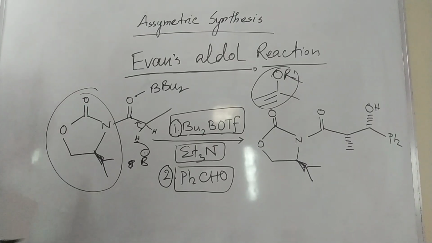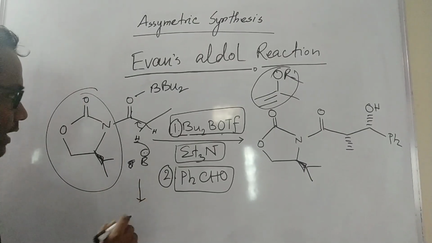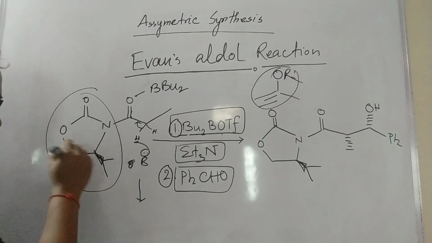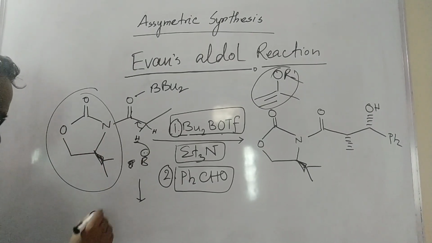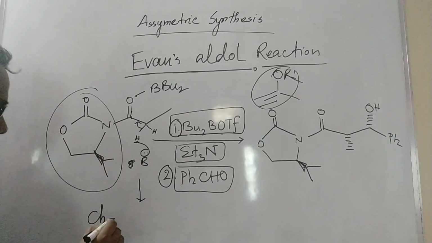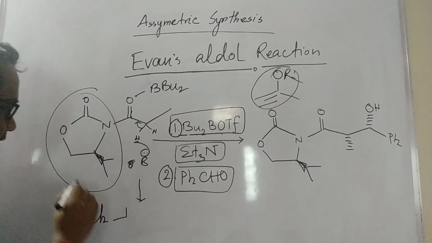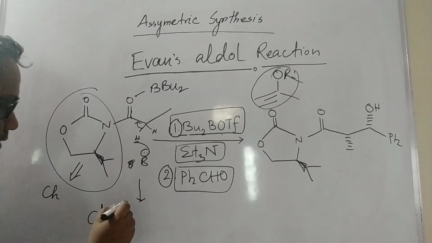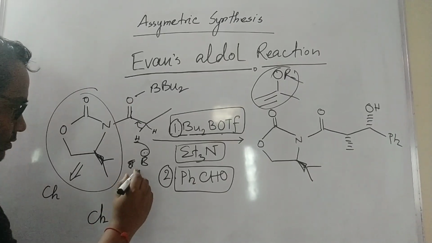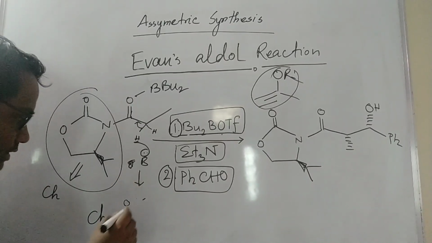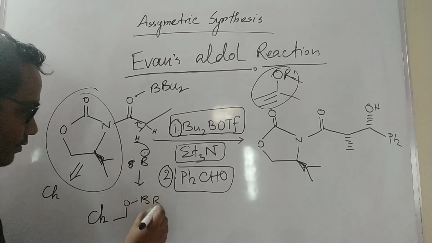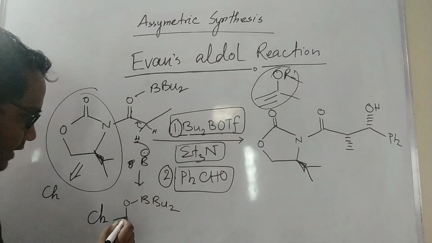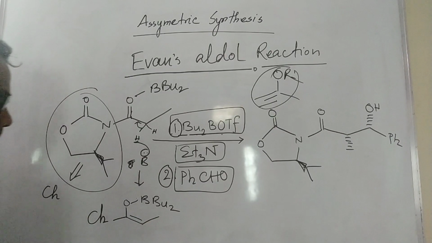So what is the final product? It will come like that. This is the oxazolidine ring, I will write that chiral auxiliary, and I wrote CH because it is chiral. And what will be the product? You see, I think you know, see this Bu2B and then this one and this one.